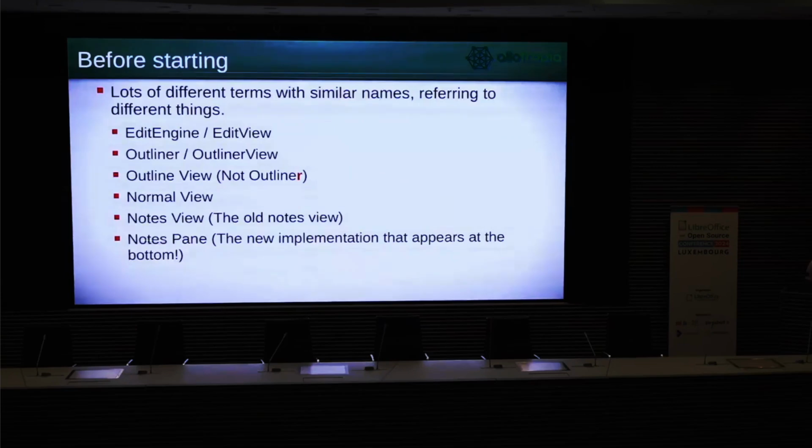Outline view is a view mode where you can edit all of your slides together. Notes view is the old notes view, and notes pane is the new thing that appears at the bottom.